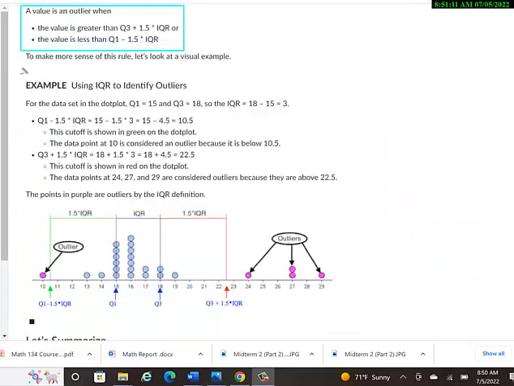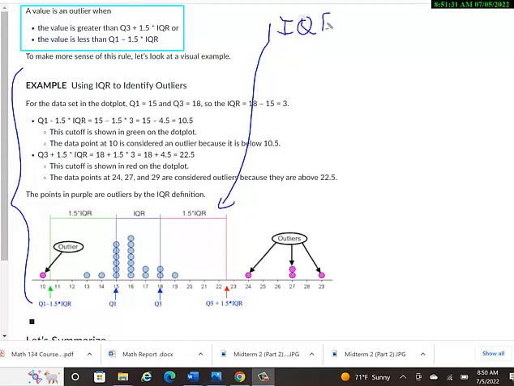So for the data set down here in this example, the first thing you would want to do when trying to calculate this is, of course, find all the data values. They put them on a dot plot. But once you do that, try to divide your data values by 4 and create quartiles, if someone hasn't already done that for you. And then I would calculate the interquartile range, so that would be Q3 minus Q1.